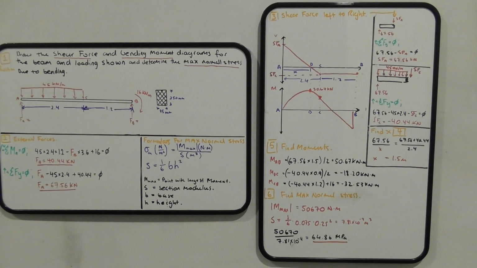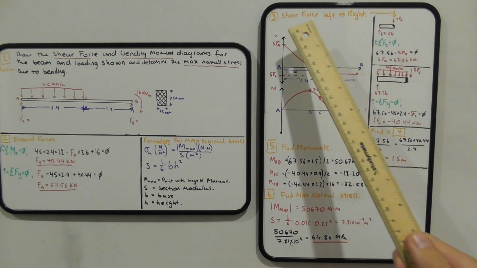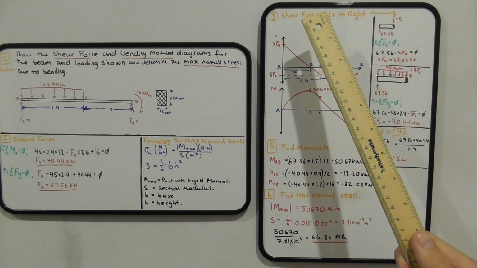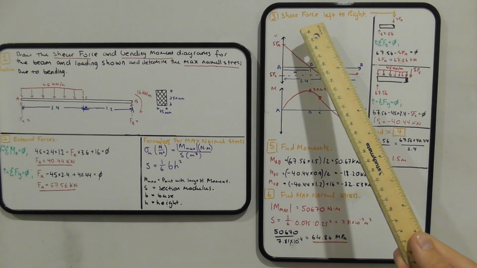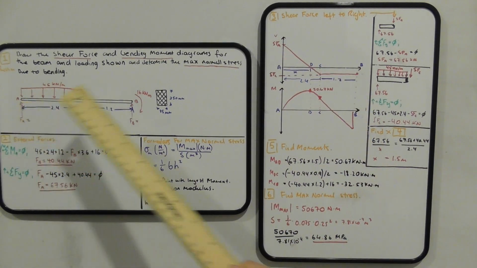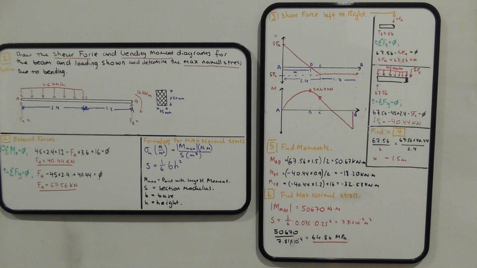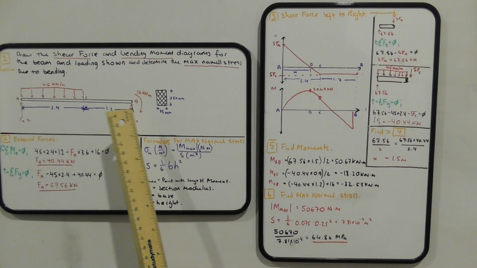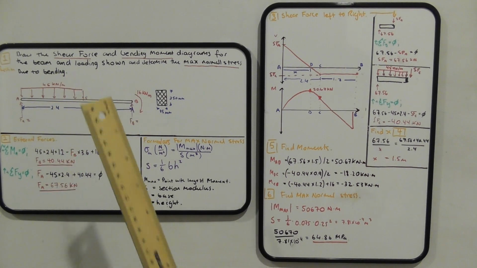Now let's get into the later details of that. First, in order for our shear force diagram to be drawn, we need to find our shear force members from the left to the right. This is just the direction I've chosen to take. You can obviously go from right to left.